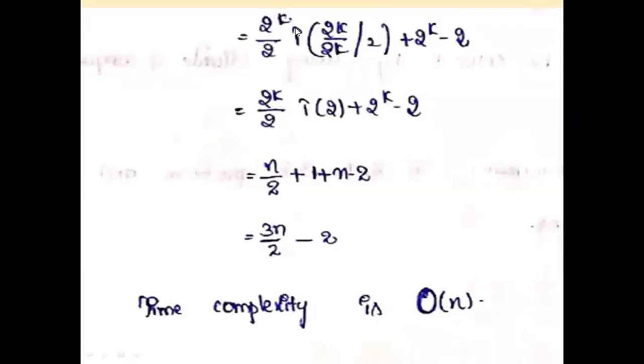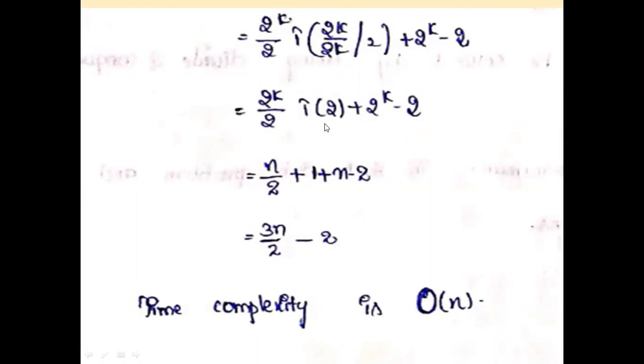So that equals 2 power k by 2 times T of 2, plus 2 power k minus 2. Here 2 power k means n, so it is n by 2 times T of 2.